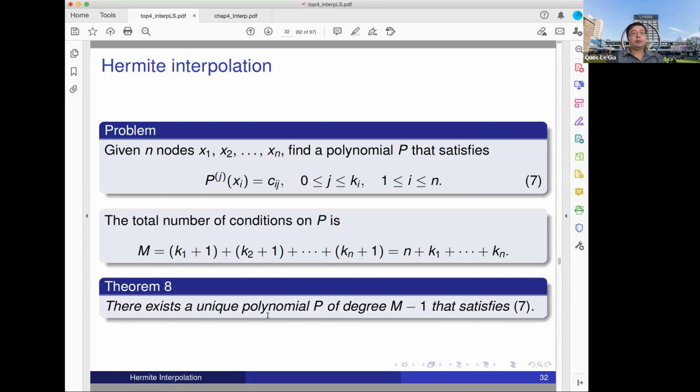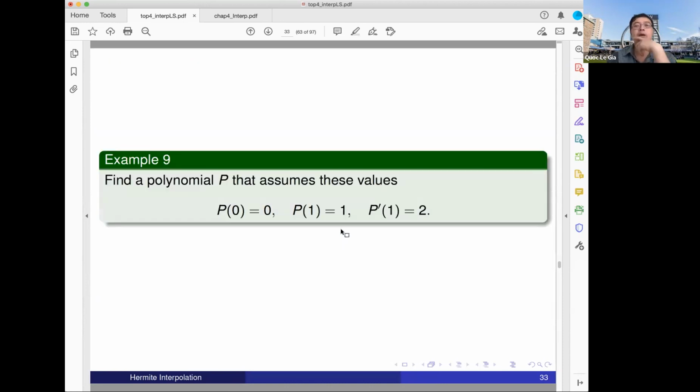We don't prove it, but there exists a unique polynomial of degree m-1 that satisfies this Hermite interpolation condition.